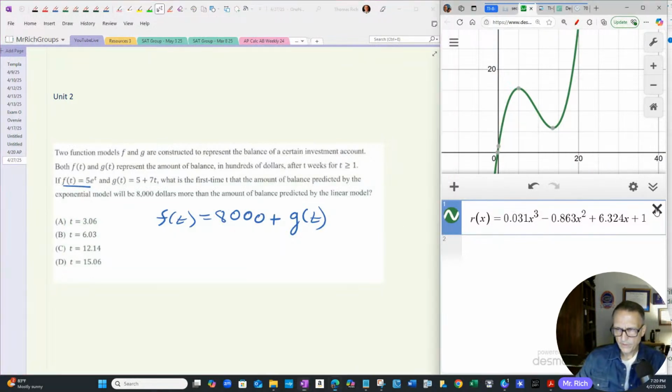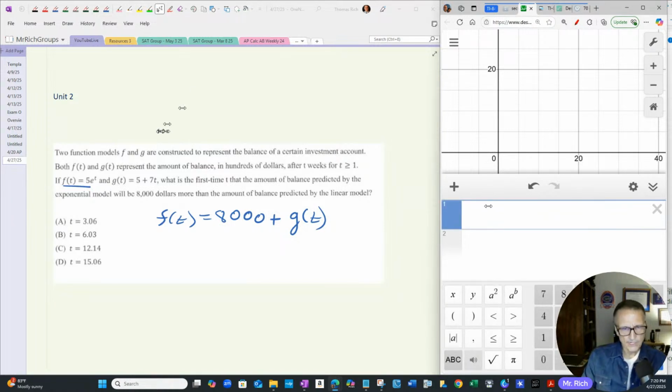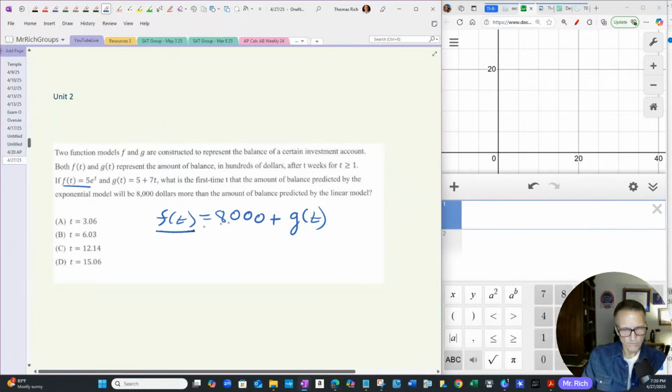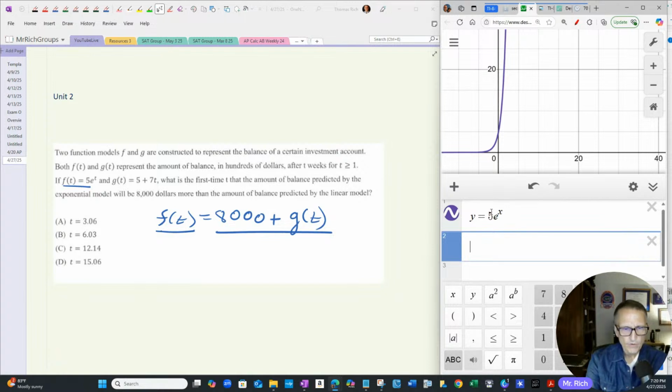So what I'm going to do here is go ahead and graph. This is basically how I use Desmos to solve an equation. I'm going to graph the left-hand side of this equation, which is f of t, so y equals 5e to the x. Then I'm going to graph the right-hand side, which is y equals 8,000 plus 5 plus 7x.